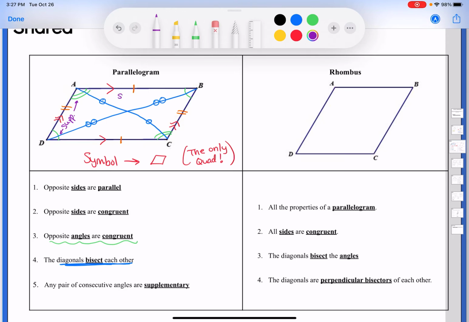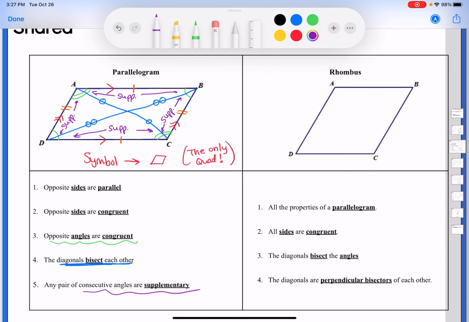But so would angle A and angle B. Those guys are supplementary. Same thing here, right? So if you pick any angle, and you go with the angle before it or after it, it will be supplementary no matter what. A lot of cool stuff going on in a parallelogram.